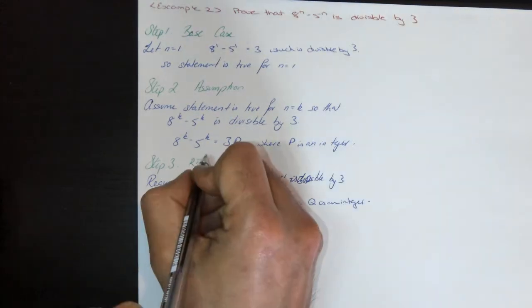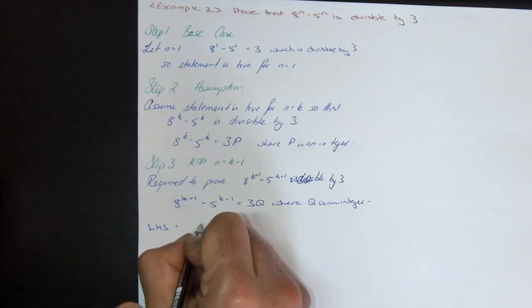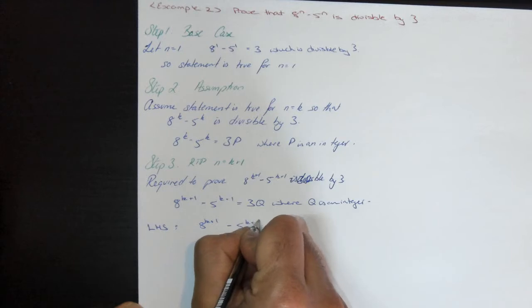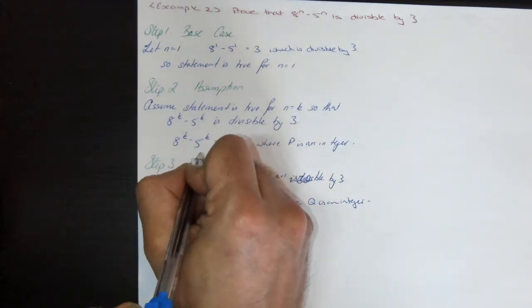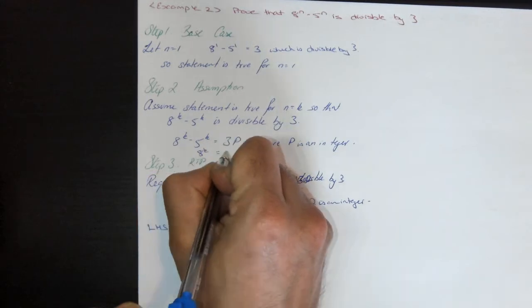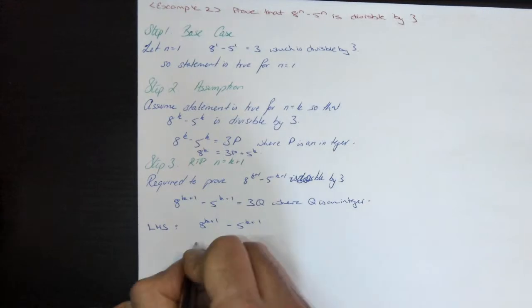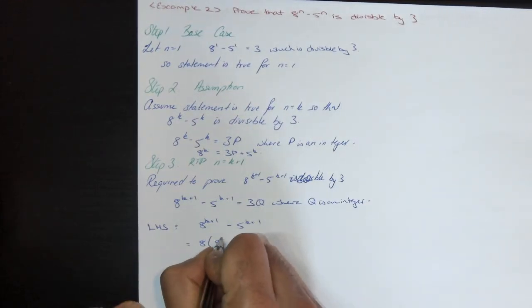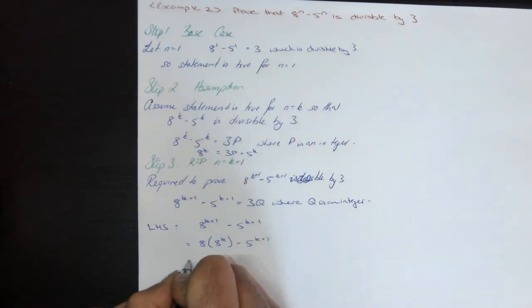Okay. Now, the left-hand side is 8^(k+1) minus 5^(k+1). I'm going to rewrite this to have 8^k as a subject, so that we get 8 lots of 8^k minus 5^(k+1).